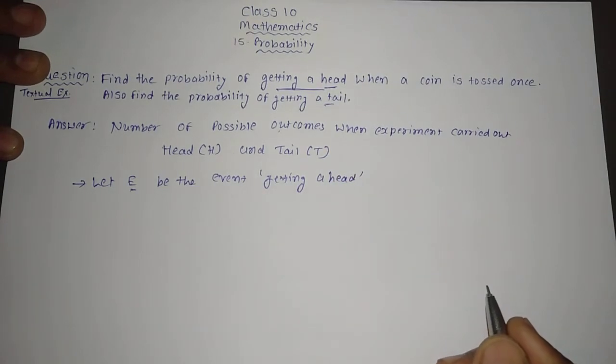Then the number of favorable outcomes of E will be 1. You know, either it will come head or tail. So what is the number of favorable outcomes of getting head?